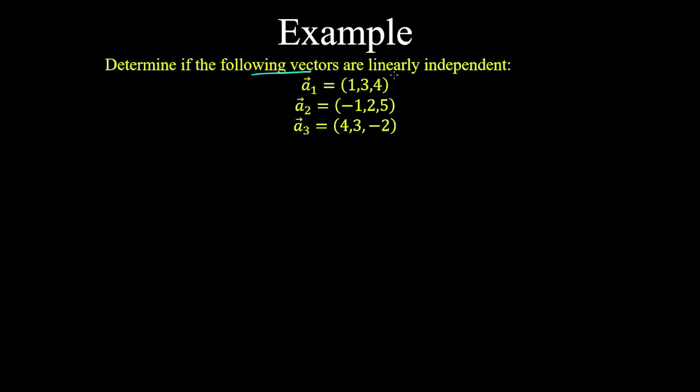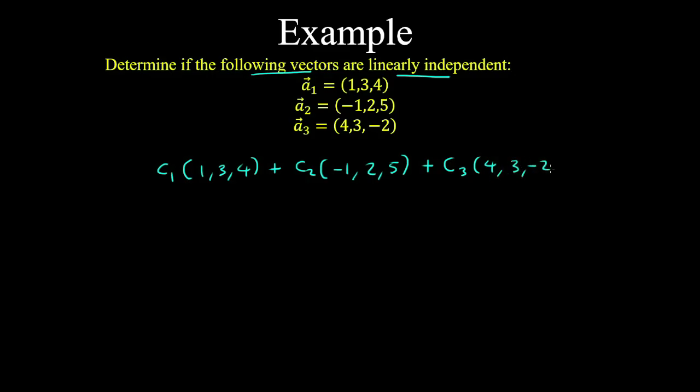Determine if the following vectors are linearly independent. We start off with the equation being a constant multiplied by the first vector plus another constant by the second vector plus a third constant by the third vector, and that's equal to the 0 vector.